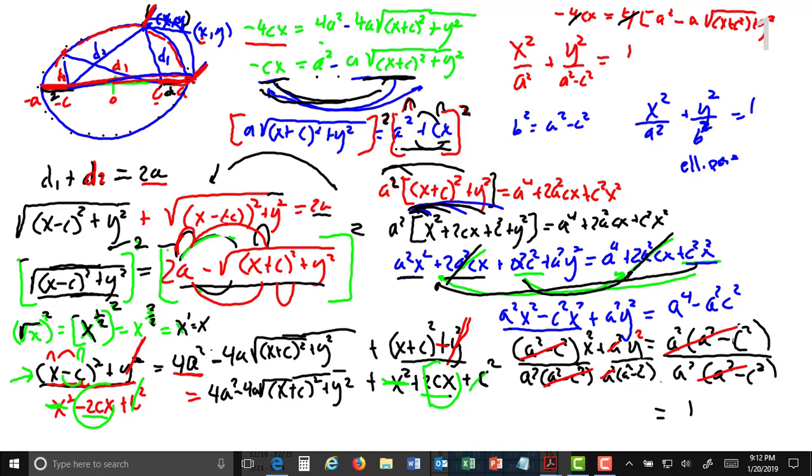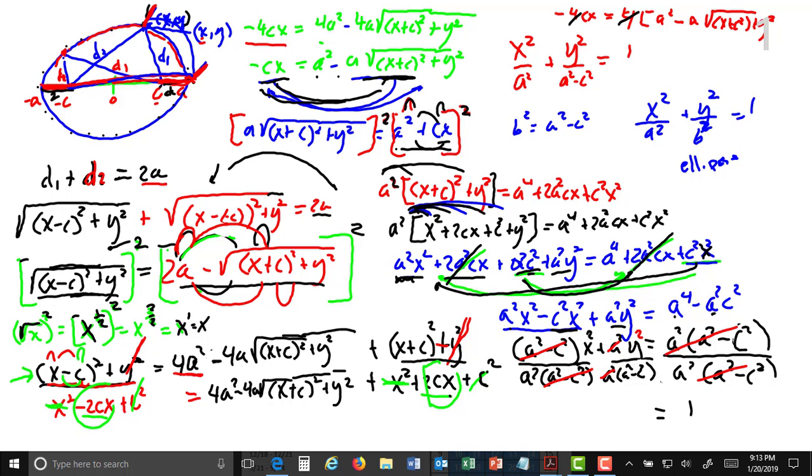So here I have the a squared x squared, see it? And then minus the guy I brought over, the c squared x squared, right? And then I still have my a squared y squared in the same position, and that's equal to a to the 4th, because I brought this term over, right? So that becomes minus a squared c squared.